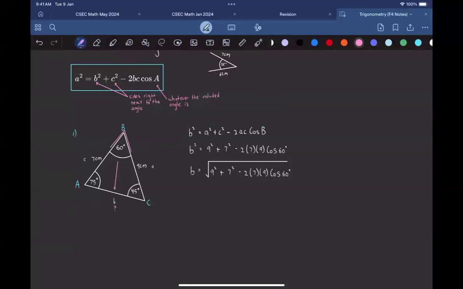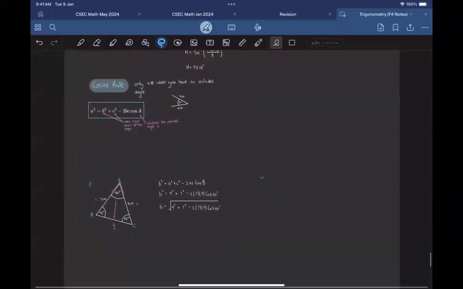Well, I mean, you change A to B, depending on which one is the included angle. Yes, because in this example over here, A would have been the included angle, but in this question, B is my included angle. So I have to write it in terms of B.